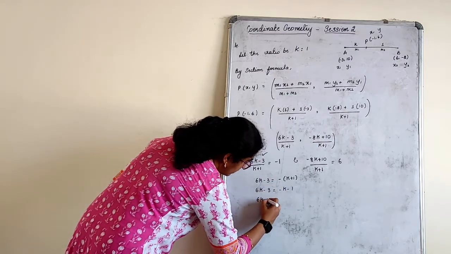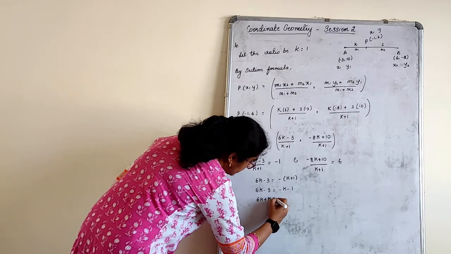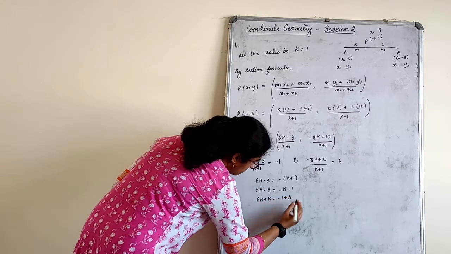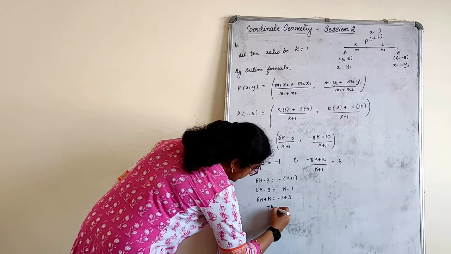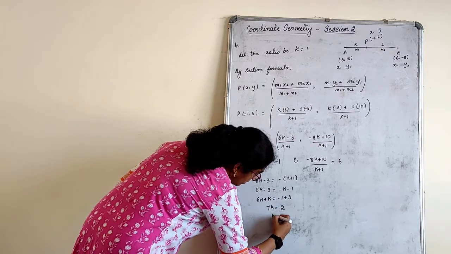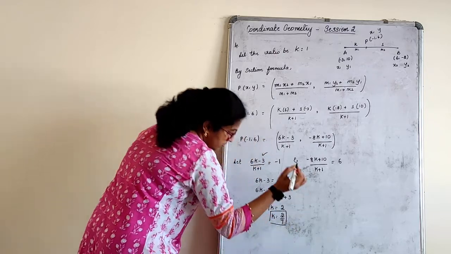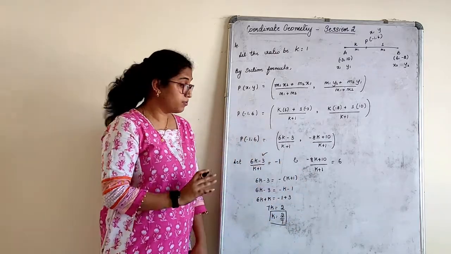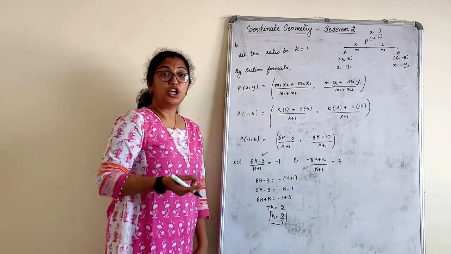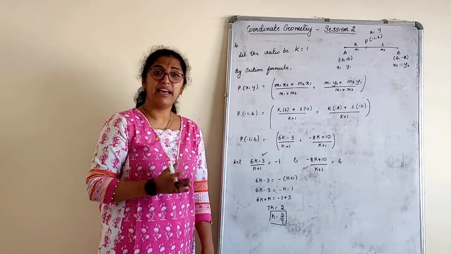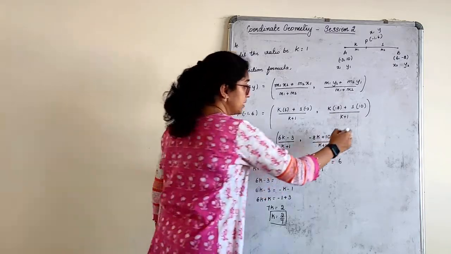Transpose: 6k plus k is equal to minus 1 plus 3. 7k is equal to 2. k is equal to 2 by 7. k value is 2 by 7. Check if you want. You have to get 2 by 7. Either of one we substitute.